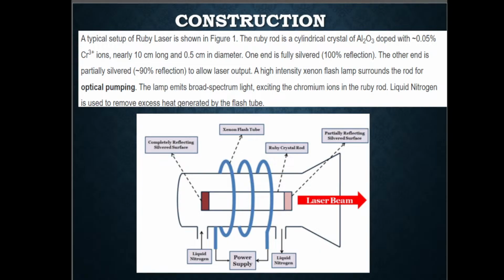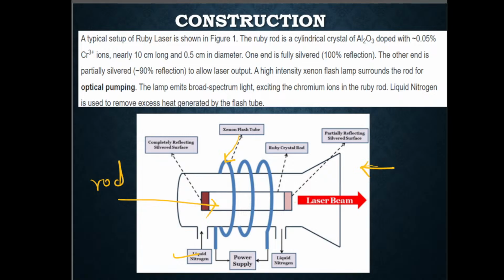Here you are seeing our figure for ruby laser. In that, this is our ruby rod. This is the liquid nitrogen, and this is the xenon flash lamp. The xenon flash lamp is around the ruby rod, so xenon is used as an external power supply.